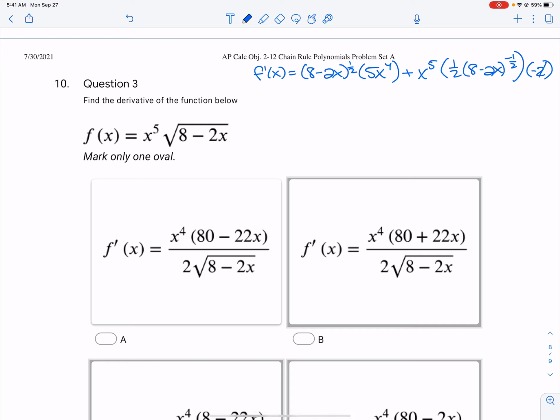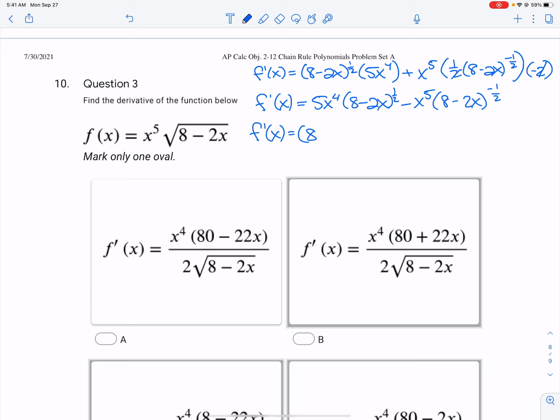Okay, so then the 2's cancel out, and then I'm left with f prime of x is equal to 5x to the 4th, 8 minus 2x to the 1/2, minus x to the 5th, 8 minus 2x to the negative 1/2. And this is what we talked about before about factoring out negative exponents.